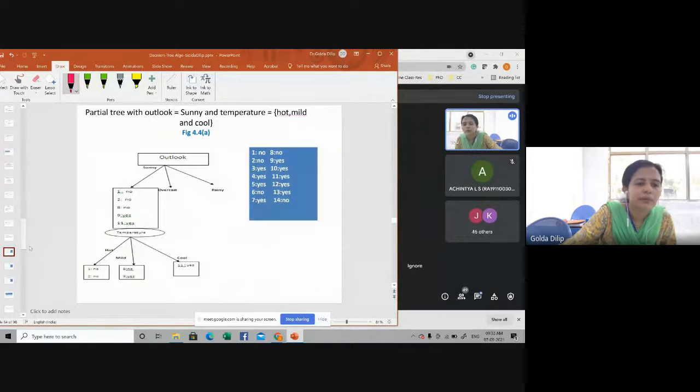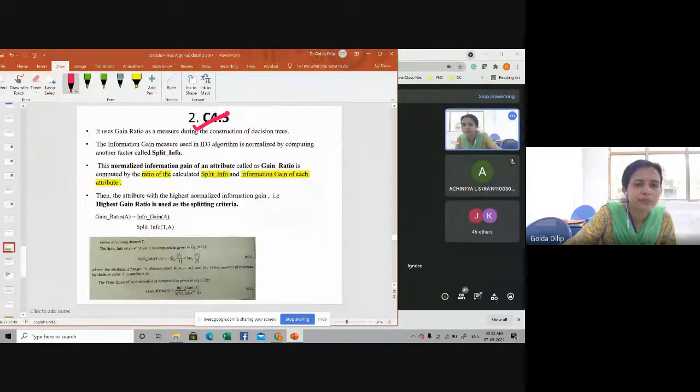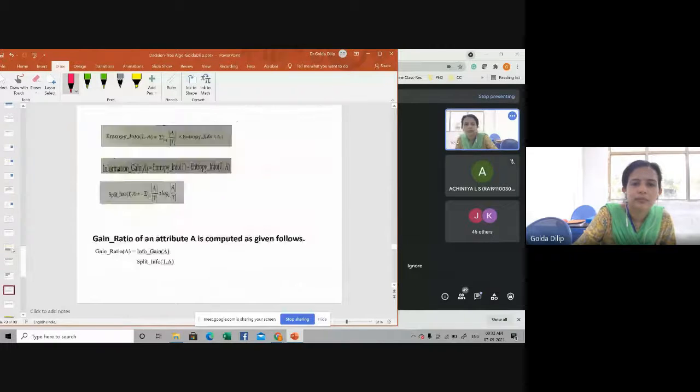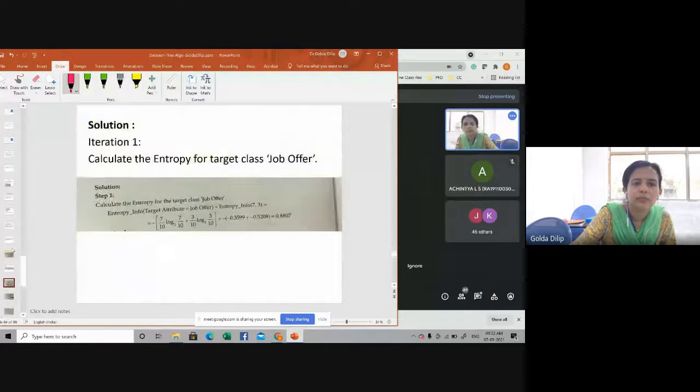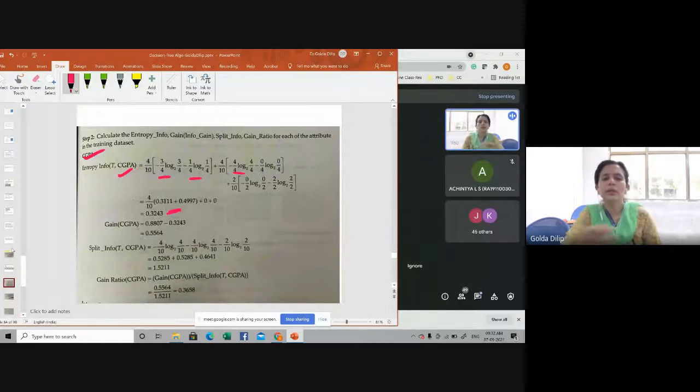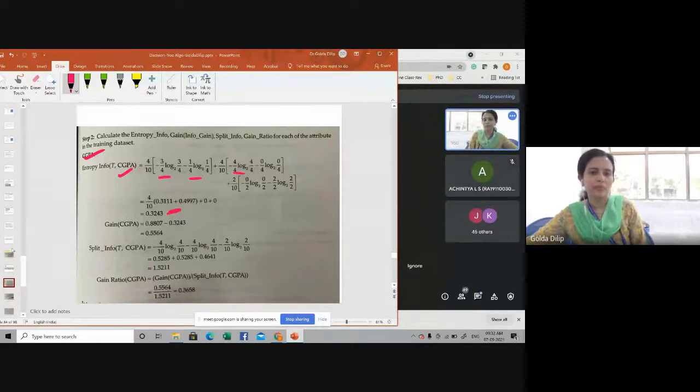Okay, fine. So now let's come back. Then the information gain. This is the entropy of your target variable minus the entropy of your CGPA. That will give you how much information is gained by branching on CGPA.